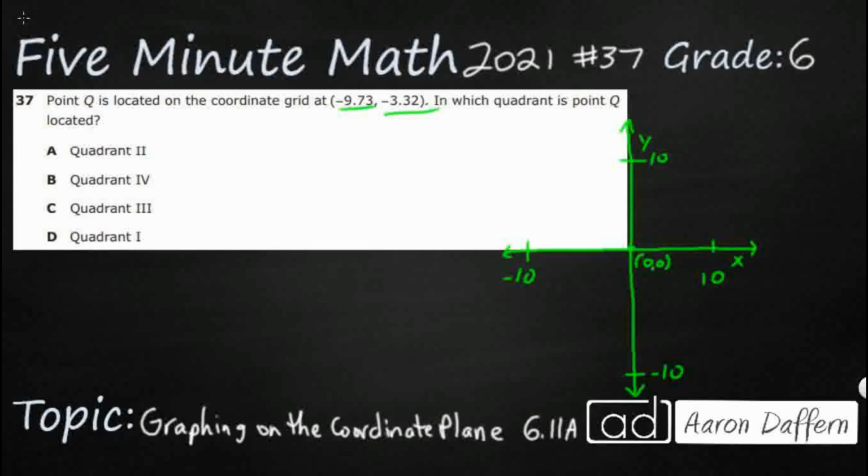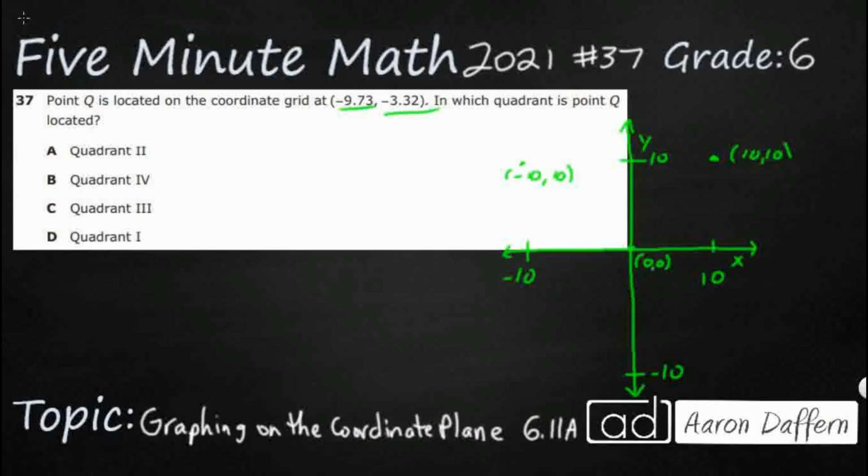So if I were to put a dot right here, I would have positive x and positive y, so that would be 10, 10. If I were to put a dot over here to the left, I would have a positive y, but now my x would be negative because I am to the left of the origin.